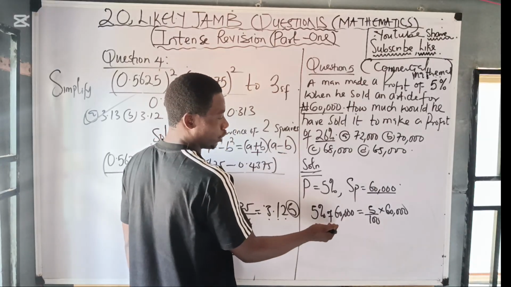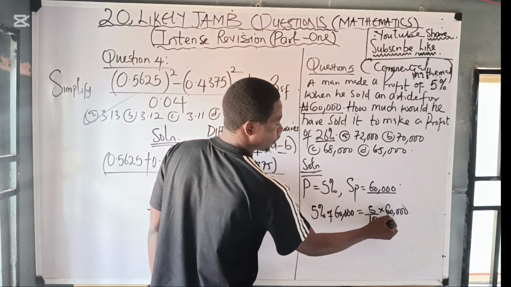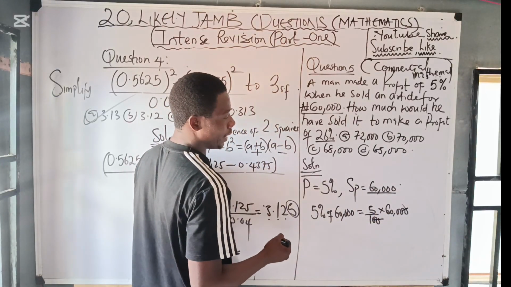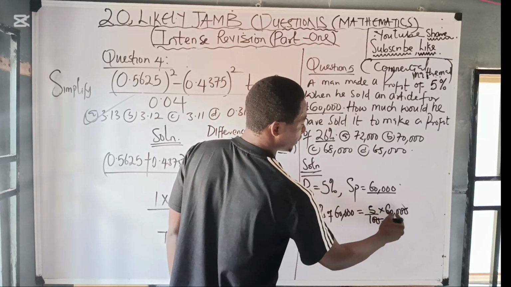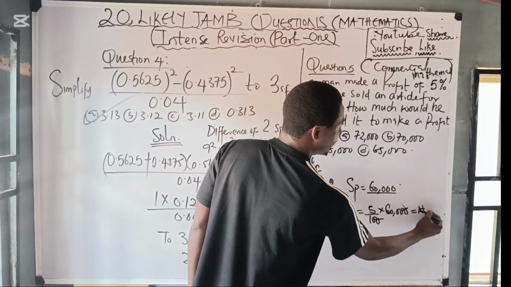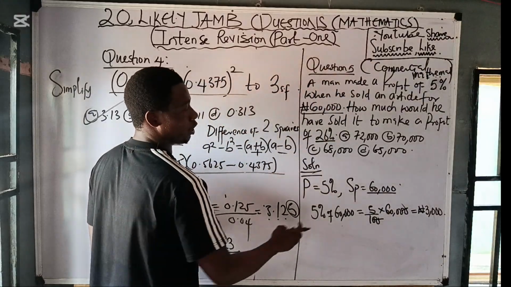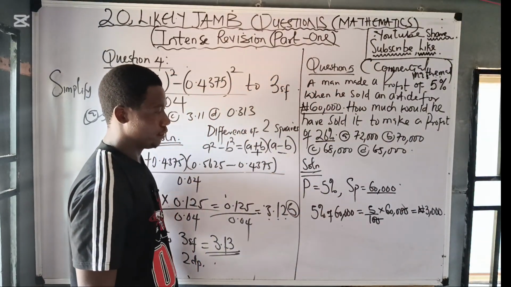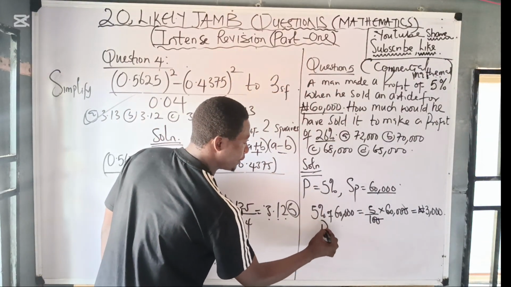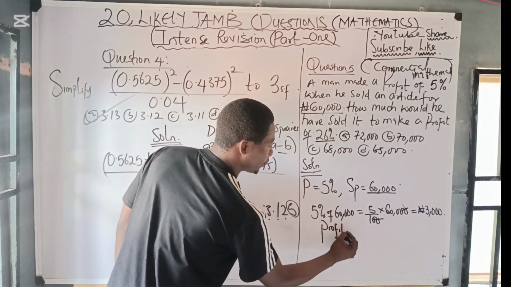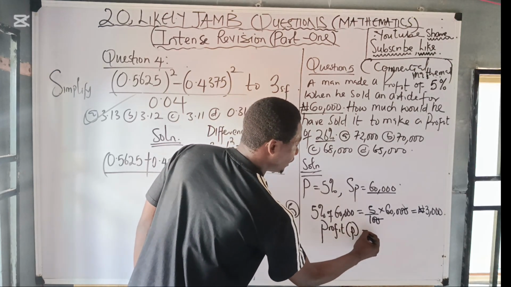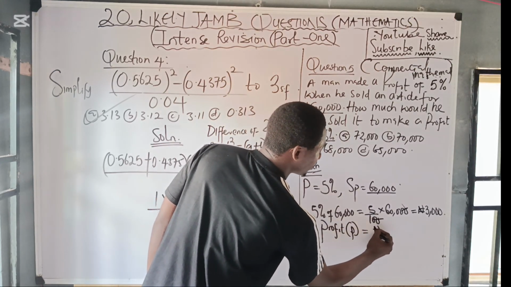This 20 cancels this 20. So what do we have now? 5 times 600. That will give us 3,000 naira. So 5% of this money is 3,000 naira. That means his profit for the transaction, P, is 3,000 naira.